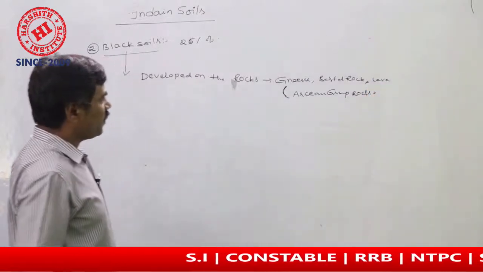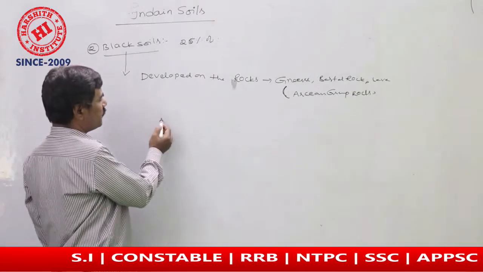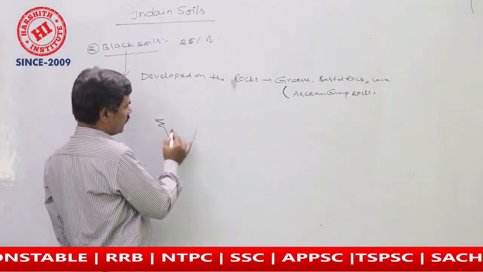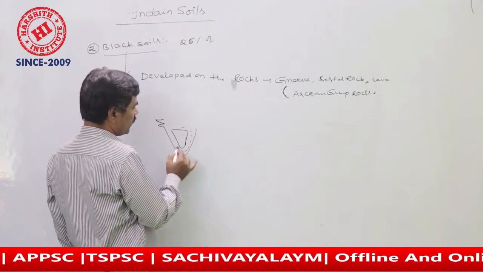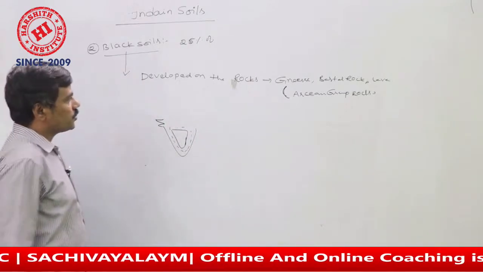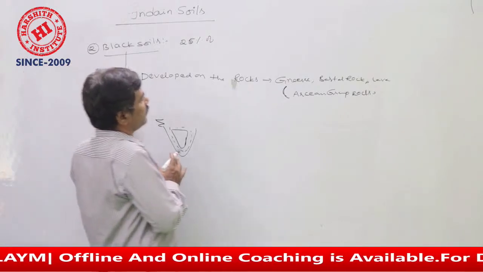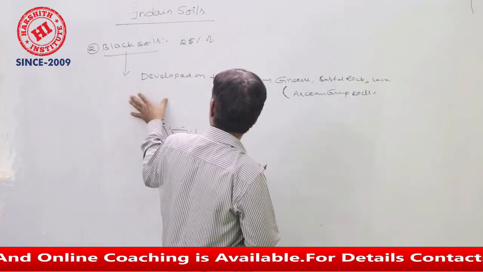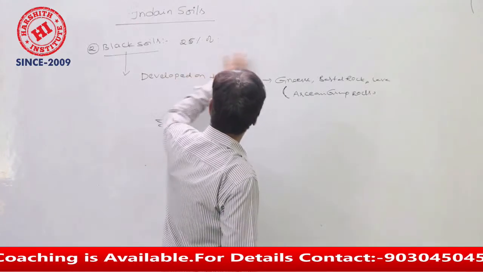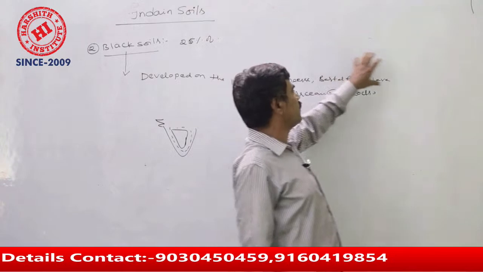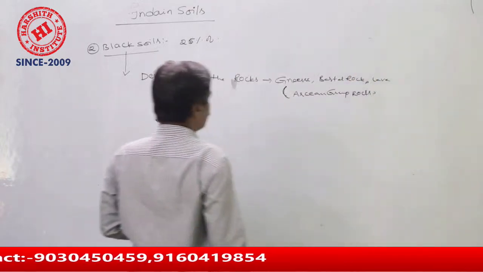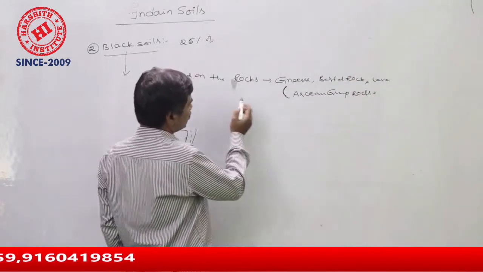The Archean rocks are developed mostly under the Deccan Plateau, the surrounding of the Deccan Plateau. So black soil can develop under the gneiss, basalt and lava rocks.